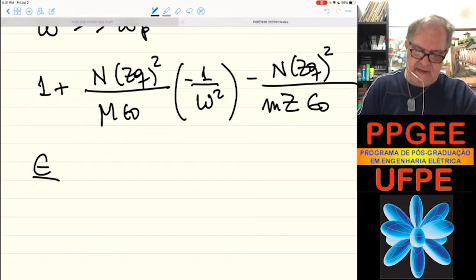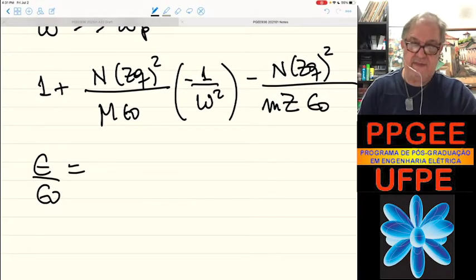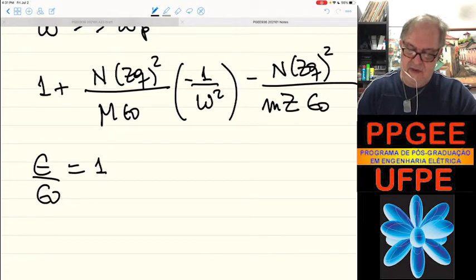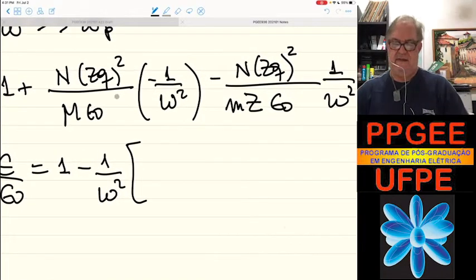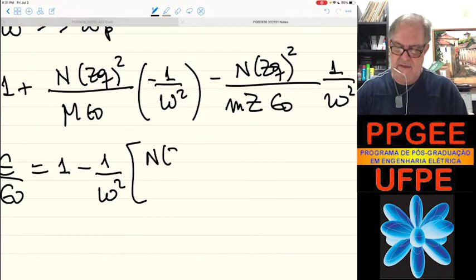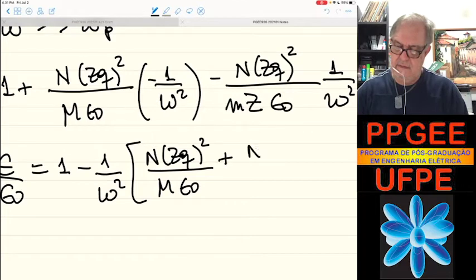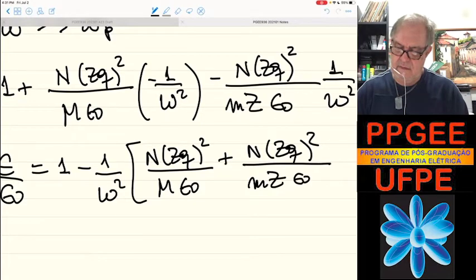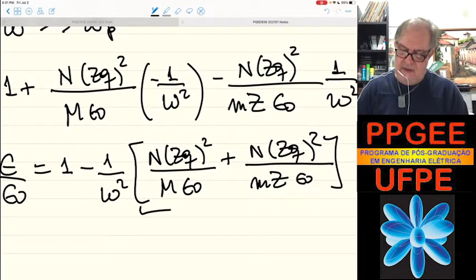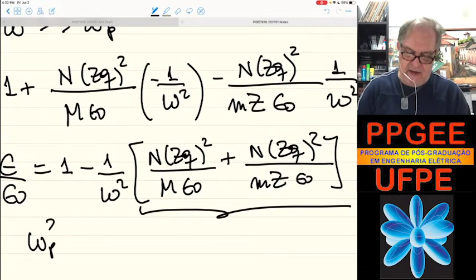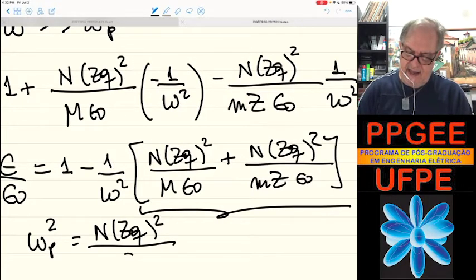So the relative permittivity is approximately 1 minus 1 over omega squared, then we have this factor n. In other words, we call this the plasma frequency: omega p squared equals n zq squared divided by epsilon 0.